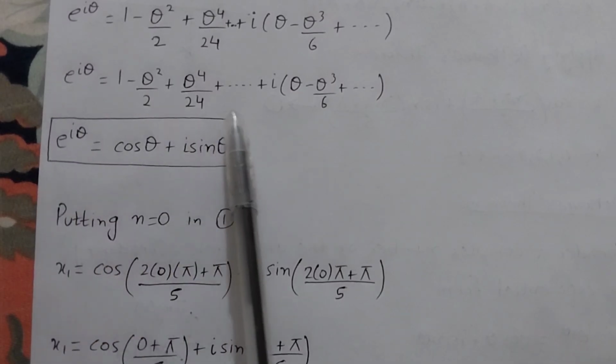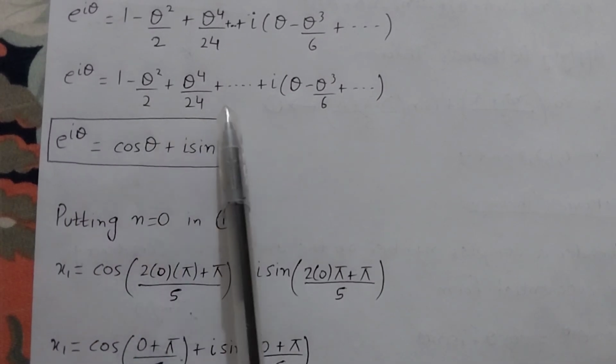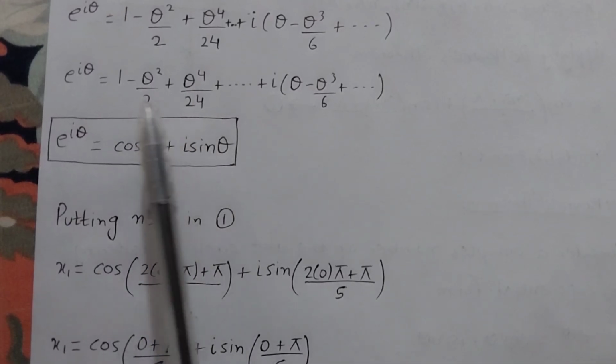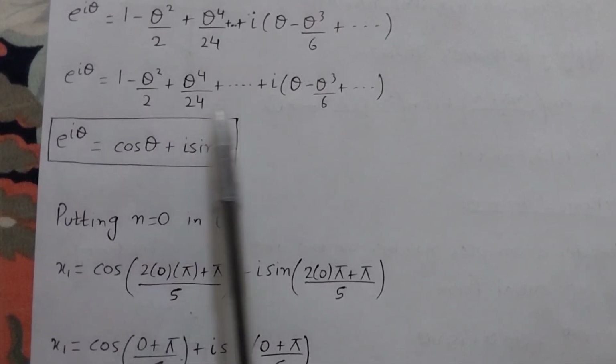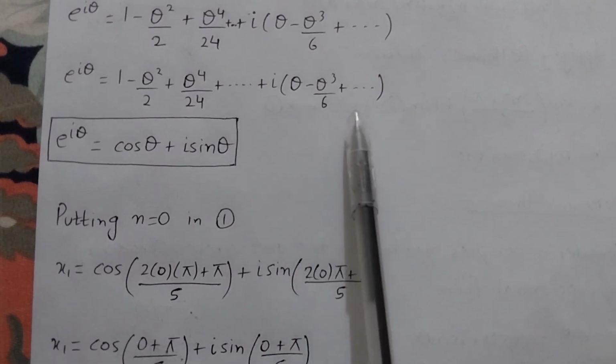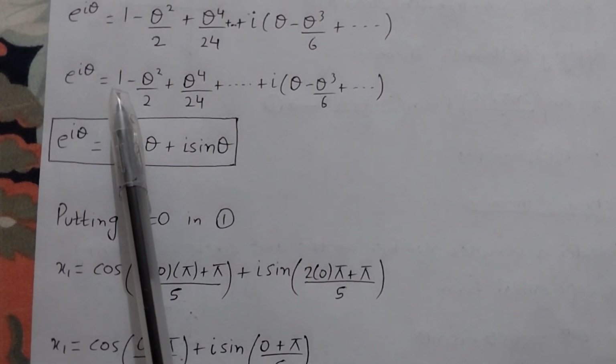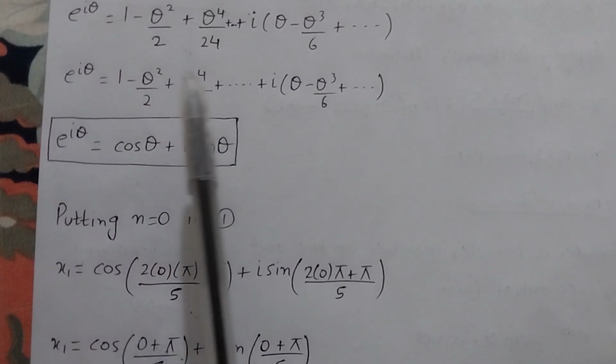So this basically is the series for cos theta. So the power series for cos theta is this, and this is with the even powers of theta raised to power 0 is 1, theta squared, theta 4 up to so on.